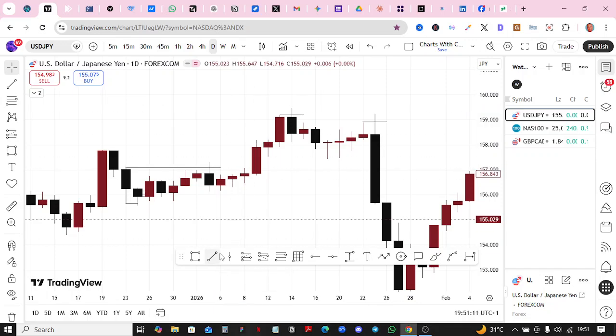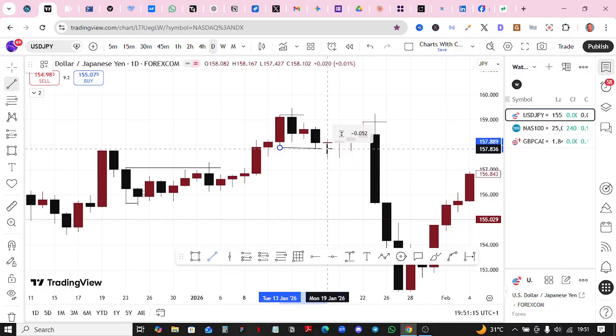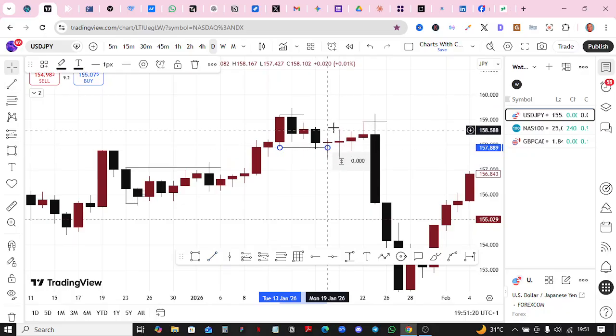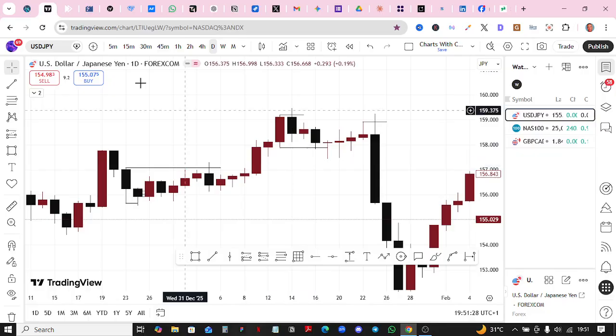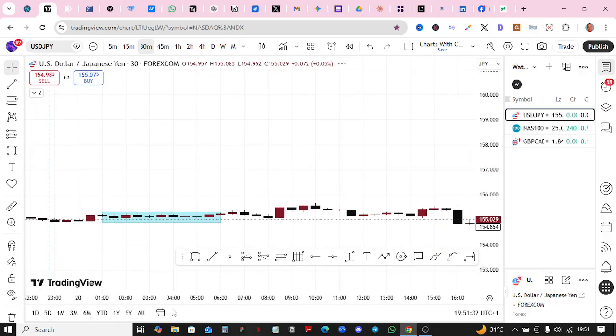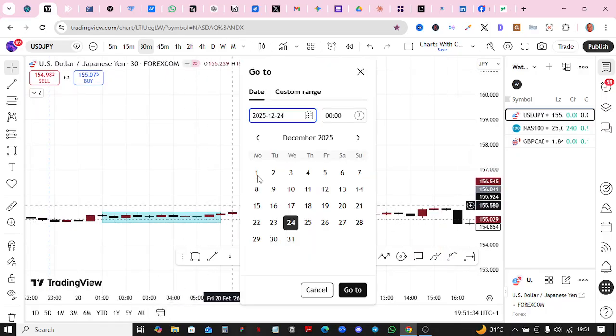Now where should be the next target? This should be the next target. That should be the next target. So let's go to the lower time frame. This is 14th January 2026.